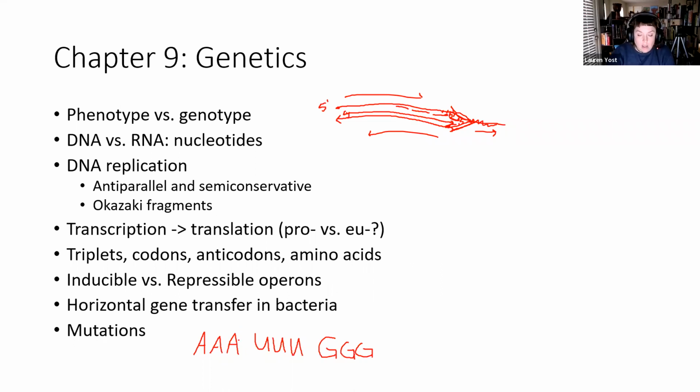And let's say in a frame shift mutation, you insert, randomly, another A. Well, everything is still read in the form of 3s, right? So we would still have AAA, and we're good there.